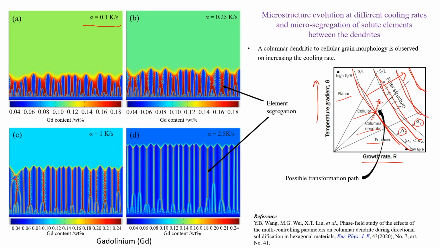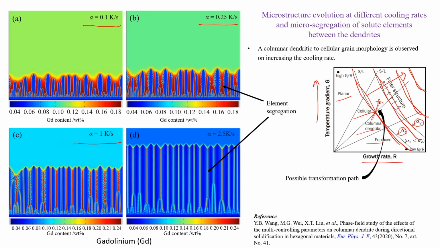Alpha equal to 0.1 Kelvin per second is a very slow cooling rate. In figure B we observe alpha equal to 0.2, a little more cooling rate, and then alpha equal to 1 Kelvin per second and alpha equal to 2.5 Kelvin per second. That means in all the cases there is a gradual increment of the cooling rate.